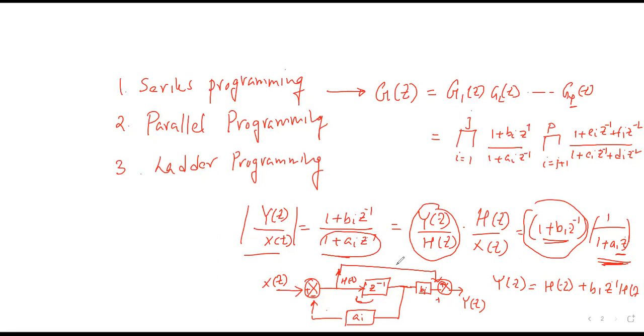Okay, so based on that, you can also see how this one works. As you can see, there are two delay elements, 1 and 2. So we can just give two delay elements with z^-1, the first one, the second one. Okay, and X is going to the summing junction. So this is your X(z).